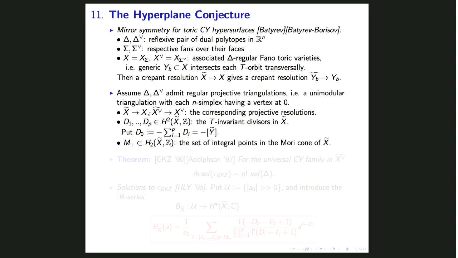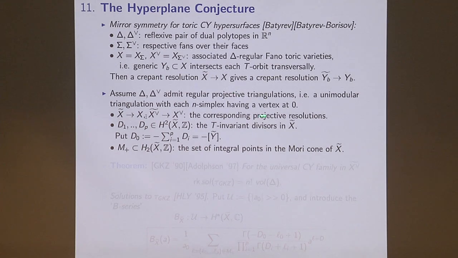All right. Next, we assume that this pair of polytopes admits a regular projective triangulation. What that means combinatorially is simply that each polytope admits a unimodular triangulation, meaning each n-simplex has normalized volume 1 and has a vertex at the origin.